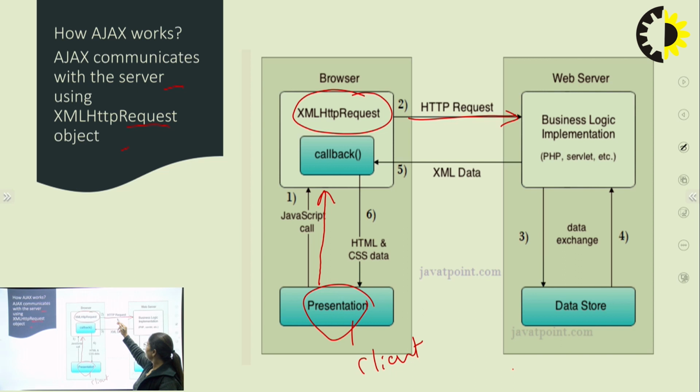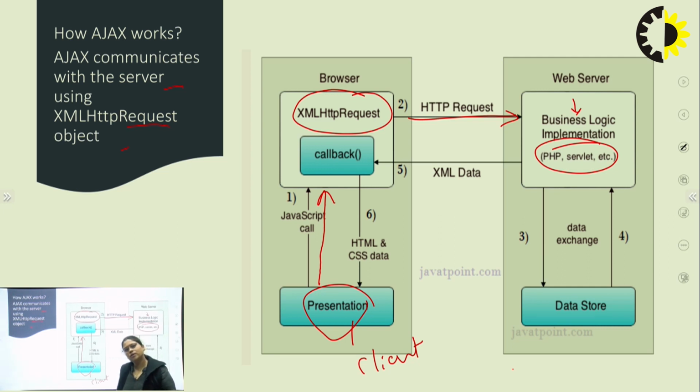Your HTTP request goes to the web server, and we can take any web server, like Apache Tomcat. Once your request comes to this web server, as I've already told you, on the server side we use some server side technology like servlet, PHP, JSP, etc.